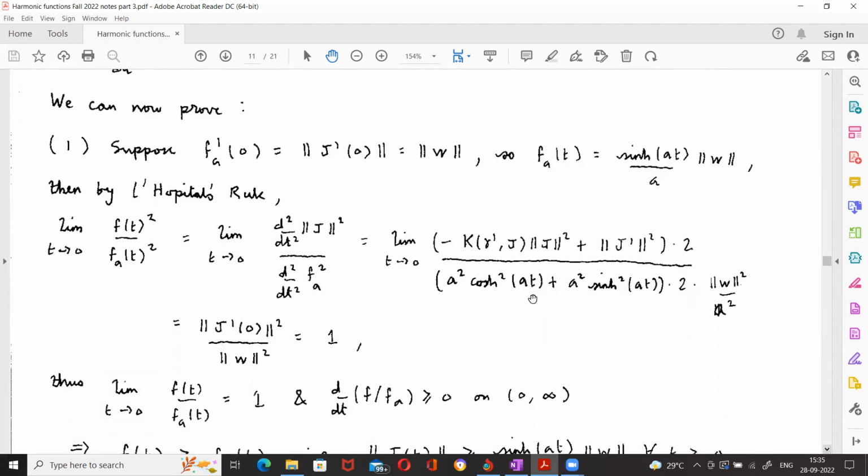Now let's look at the ratio f over fa. I want to look at the limit of this as t tends to 0. Both of these vanish at t equal to 0, so I can apply L'Hopital's rule. So this will be the limit as t tends to 0.